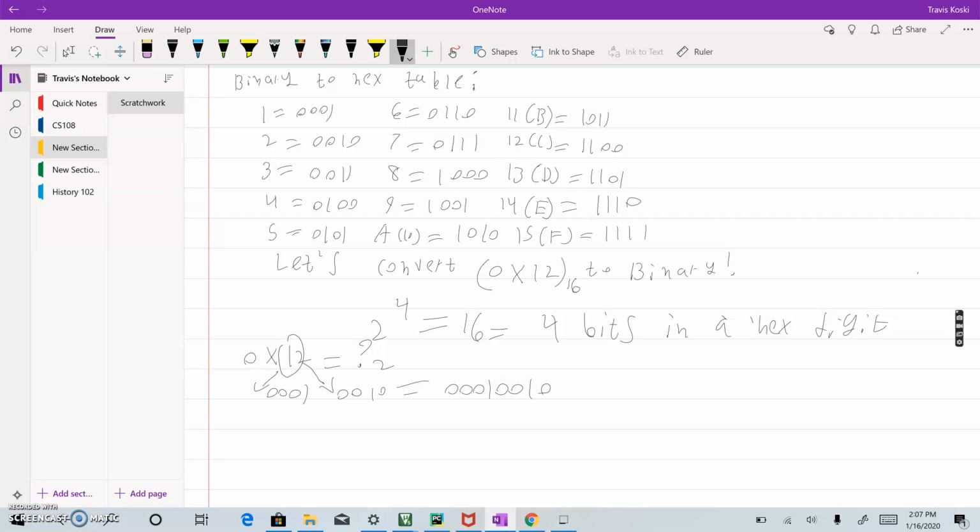And to go in reverse, you just do everything backwards, of course. So knowing that there are 4 bits represented in a hex digit, if we go ahead and divide our binary string into groups of 4, again, we just go to our table up here. We know that 0001 is in fact 1 in hex, and 0010 is in fact 2 in hex.